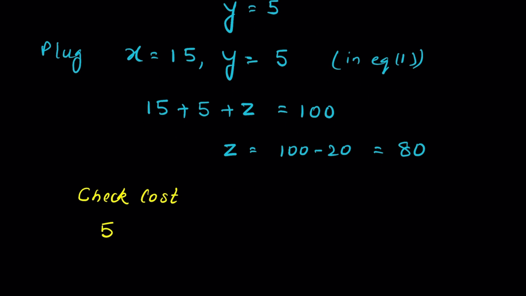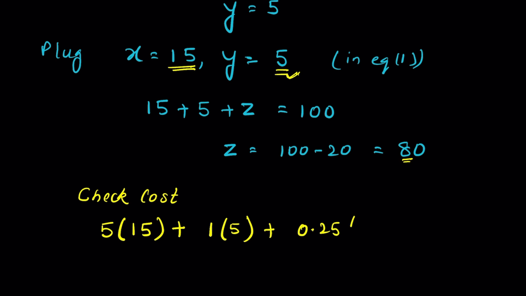So $5 was the cost for men's shoes, and the number of men's shoes is x, 15, so 5 times 15, plus the women's shoes price was $1 and the number of women's shoes is 5, so 1 times 5, plus the price for kids' shoes was $0.25, and the kids' shoes are 80 in total, and this should equal $100.